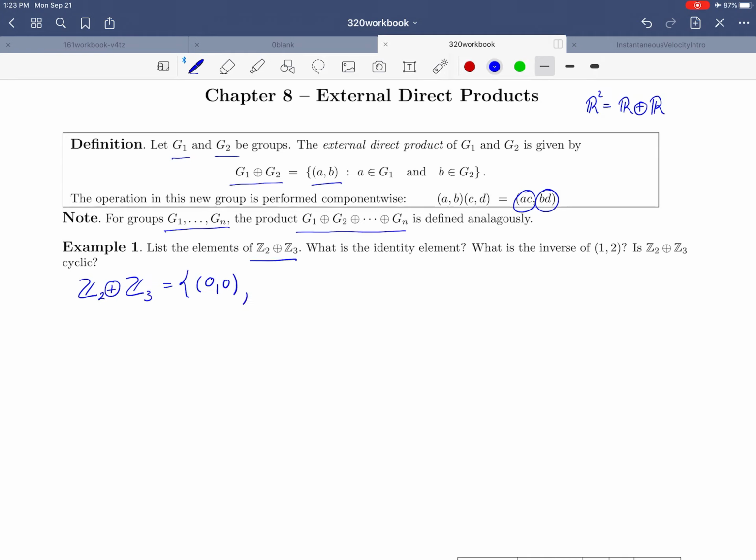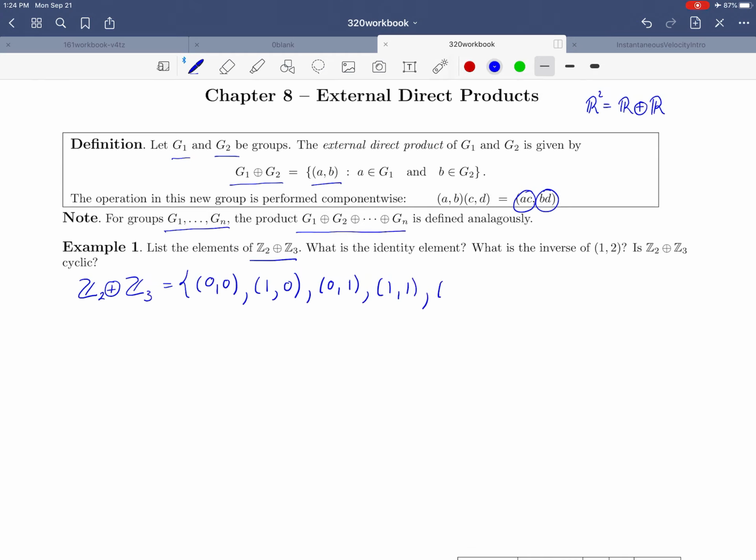And then Z2 also has 1, and so we also have (1, 0). Now there's really nothing else in Z2, 0 and 1, but in Z3 we can have a few more things. So we can combine 0 also with something else that's in Z3. So how about 1? And we can then take (0, 1) and (1, 1).